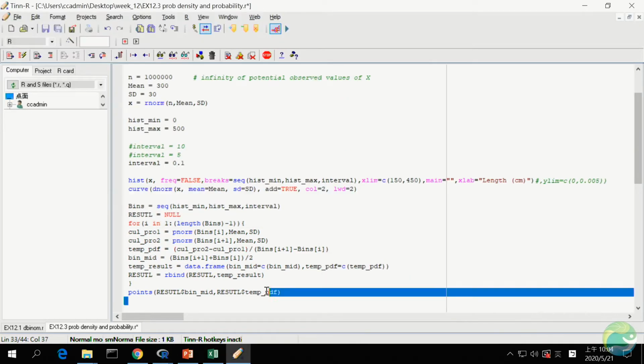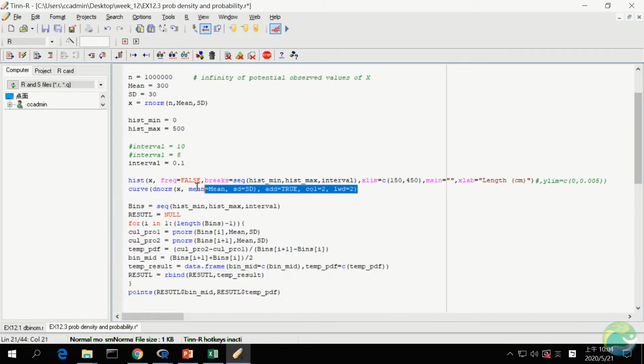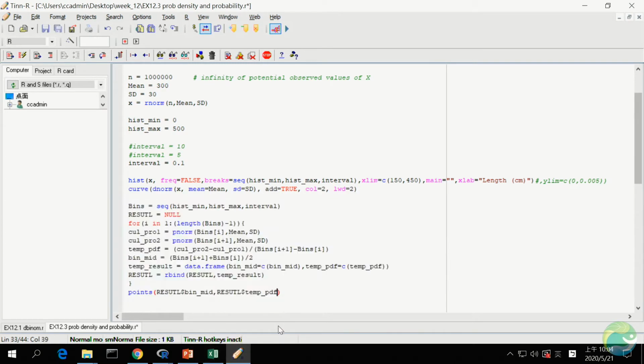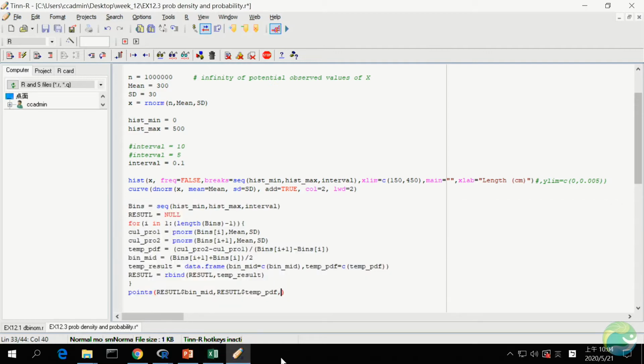And we do the hand calculation here. We don't use the built-in function. We do it by hand. Let's see what happens. I'm going to change the color, easier to read.